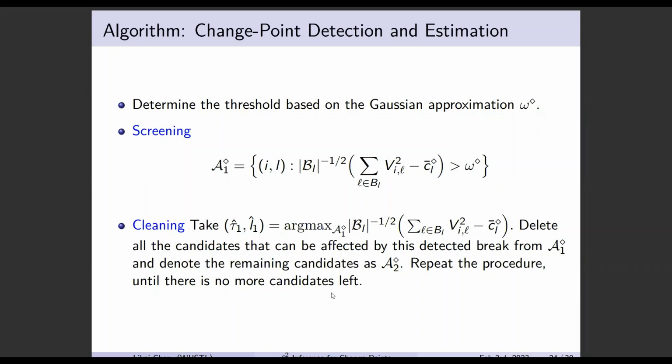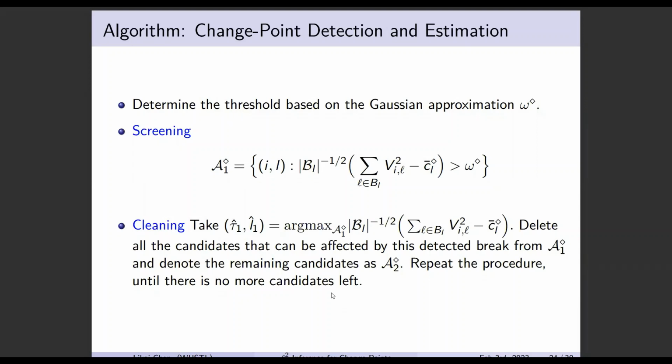The threshold is determined based on the maximum statistic that we introduced before. Under the null hypothesis, if there is no break, then for all pairs I and L, the statistic should be less than or equal to the threshold with very high chance. If the statistic exceeds the threshold, it means that at time I and spatial location B_L, it is influenced by the signal.